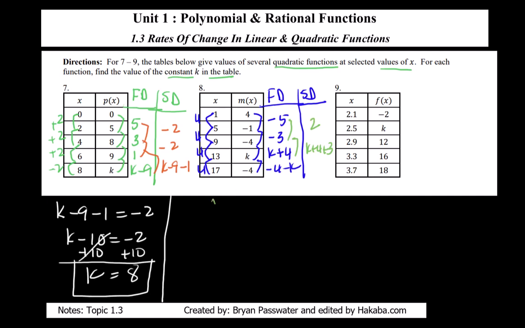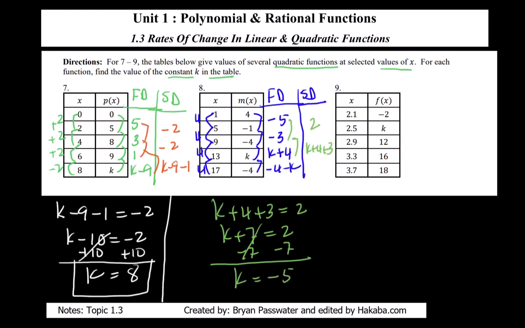So we will set up k plus 4 plus 3 equal to 2. Then 4 plus 3 is 7. K plus 7 equals 2. To solve for k, we will subtract 7 left and right. So k will be equal to negative 5.